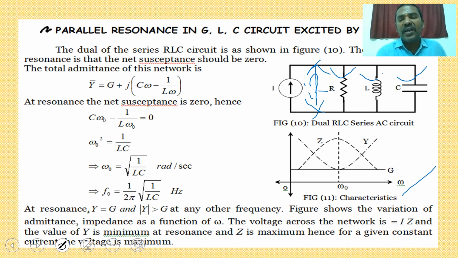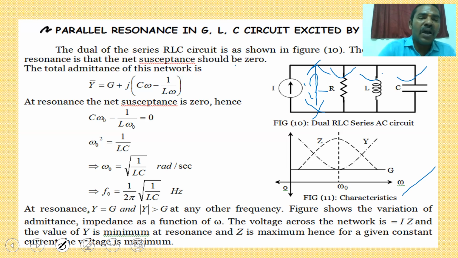I have taken only 3 parameters, Z, Y and G. You can go for other parameters also, like the net susceptance value, and you can go for the voltage values like that. There is no big deviation from the characteristic impedance of the RLC series circuit and this parallel circuit.